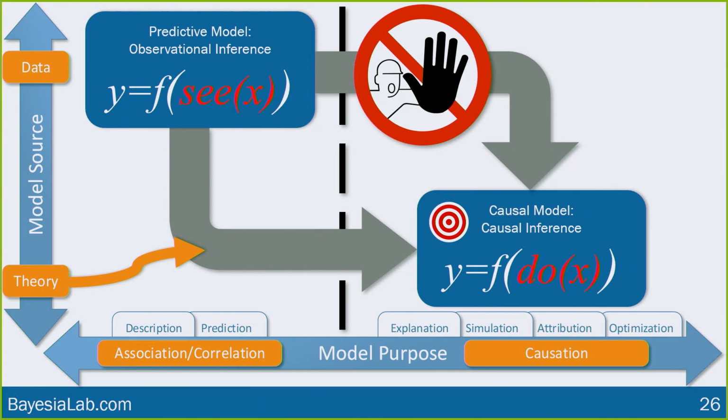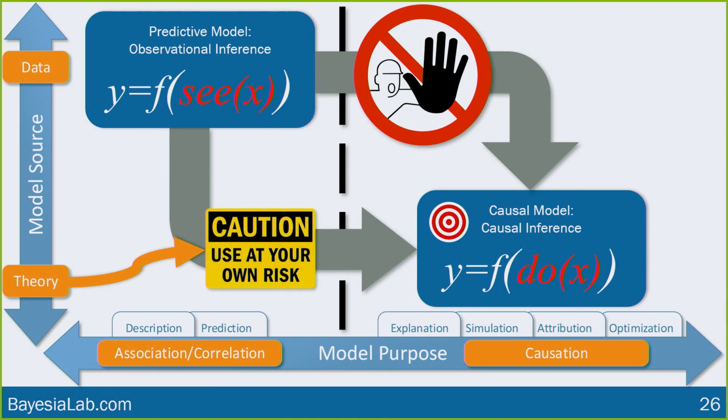We need to introduce, in addition to what we can discover through machine learning in terms of association and correlation, our theoretical domain knowledge to get from an observational predictive model to a causal model. Now that is actually not as easy as it sounds, and we'll see what stumbling blocks may exist and also what tricks are out there to make that process a little bit easier.